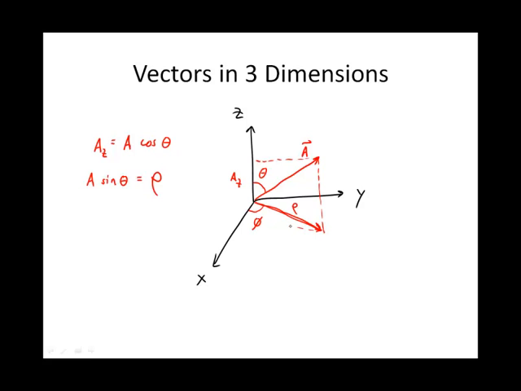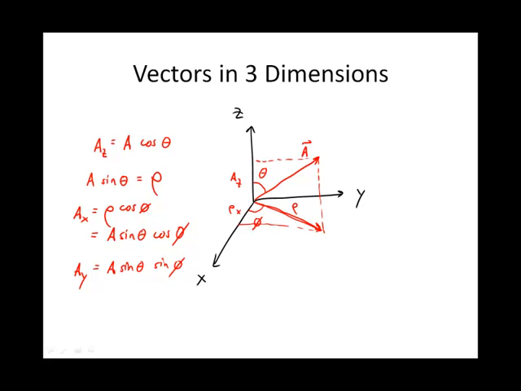And then there's an x component of rho, I'm going to call that rho sub x, which is also the x component of a. So a sub x equals rho times the cosine of phi, but rho is equal to a times the sine of theta, and then times the cosine of phi. In a similar fashion, a sub y is going to equal a sine theta sine phi.